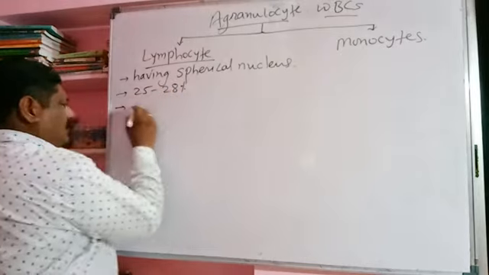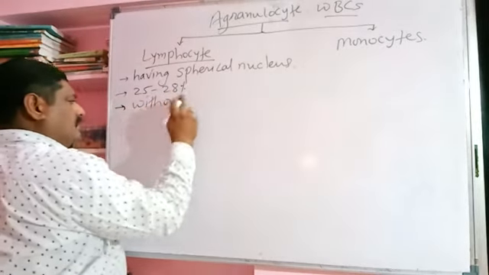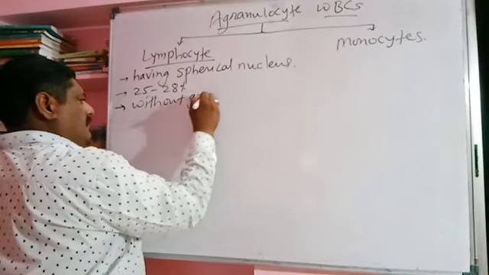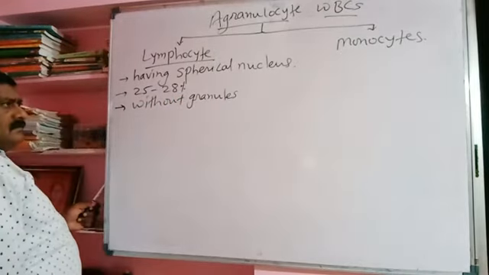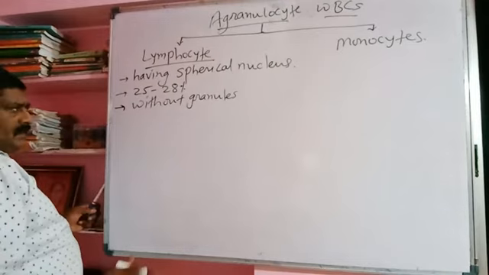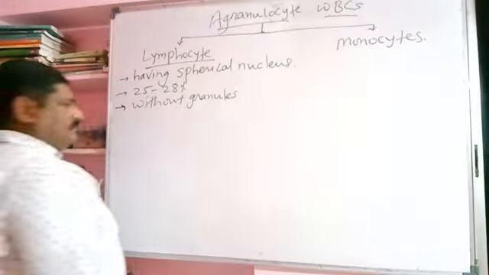The lymphocyte cells are without granules, and these are formed from the lymphoid stem cells.